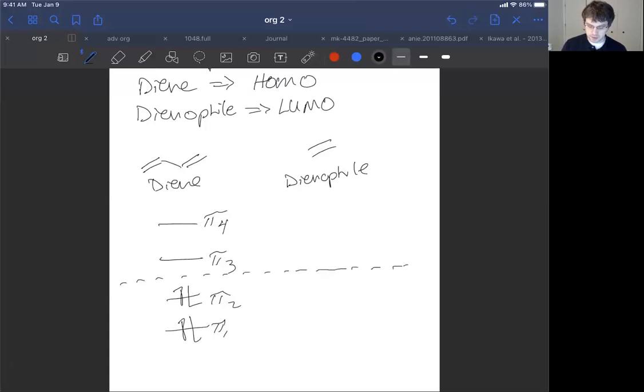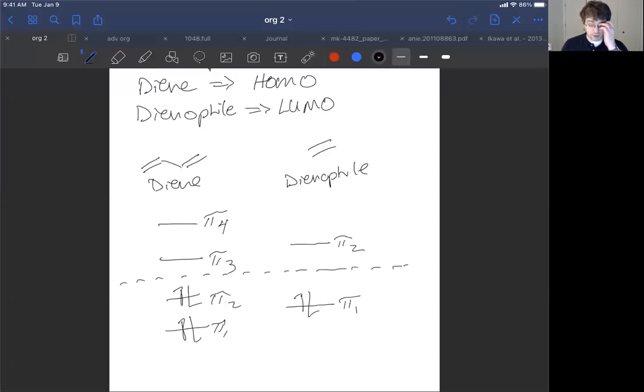Now, it turns out that when we have a diene interacting with a dienophile, it's the HOMO of the diene interacting with the LUMO of the dienophile. I forgot I should put my 2 electrons in the dienophile.